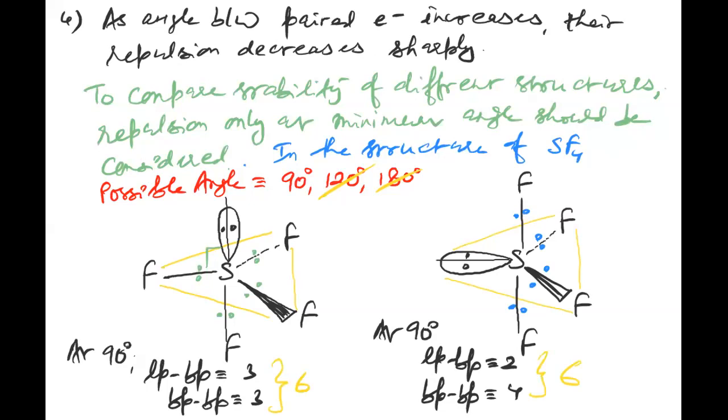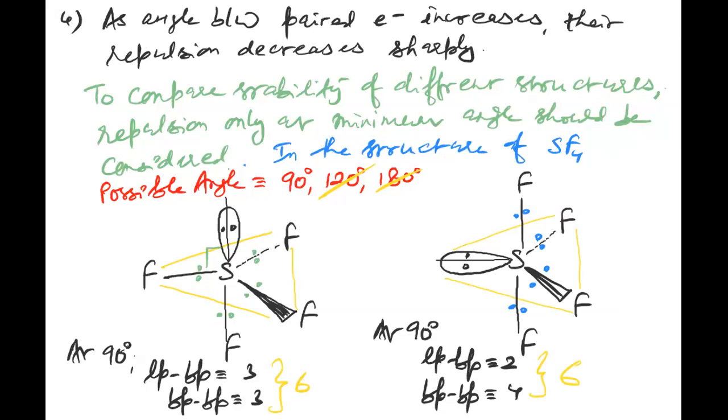So out of these two structures, the second structure consists of less repulsion, and the first structure has more lone pair bond pair repulsion. And we have seen in the third postulate of VSEPR theory, lone pair bond pair repulsion is more than that of bond pair repulsion.